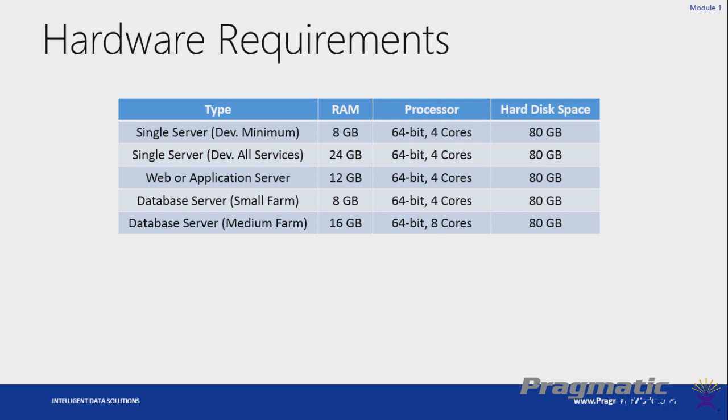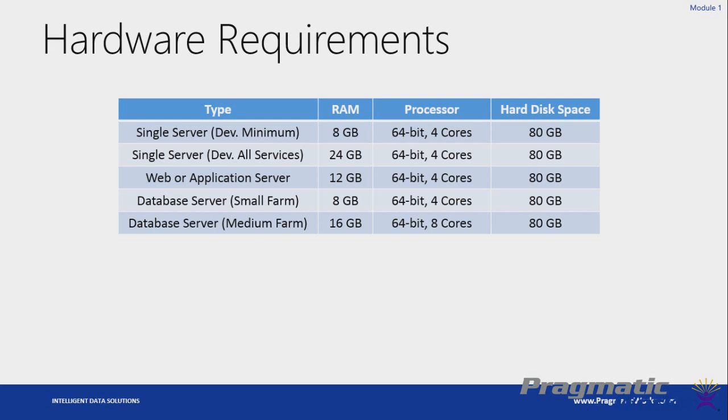The reason I don't put what they define as a small, medium and large farm on the slides for the class is because they tend to update those as hardware changes and as the different releases of Windows come out. There is an MSDN page out there that would give you some general recommendations.